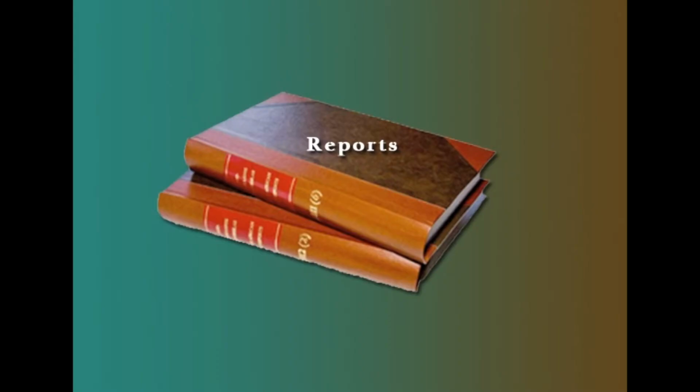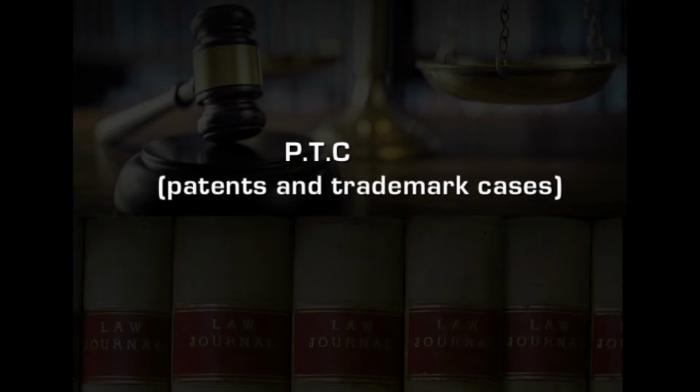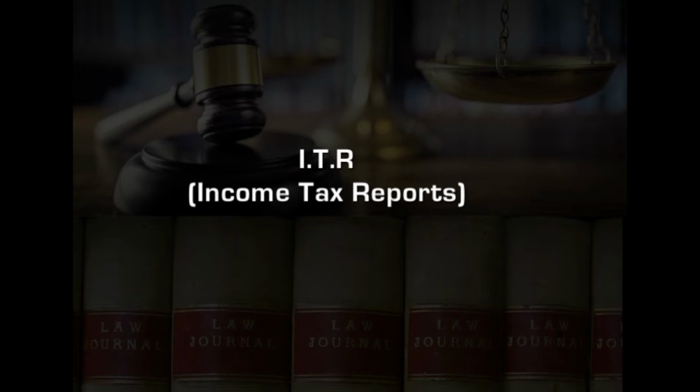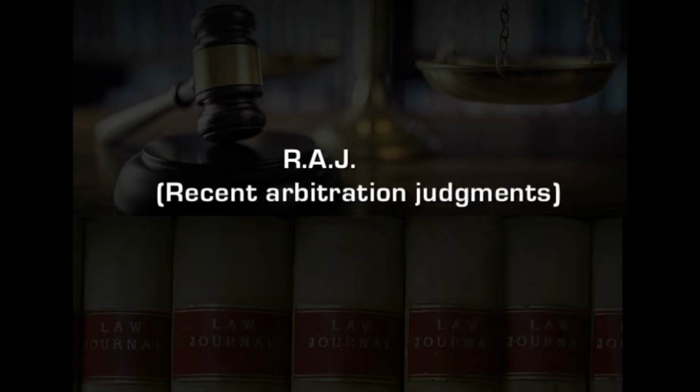Then there are certain special reports also. These reports, mostly unofficial, cover only the cases pertaining to a particular area. For example, PTC, Patents and Trademark Cases. This is one journal which reports only patent cases and trademark cases. ITR, Income Tax Reports, deals mostly with the tax related judgments and laws.